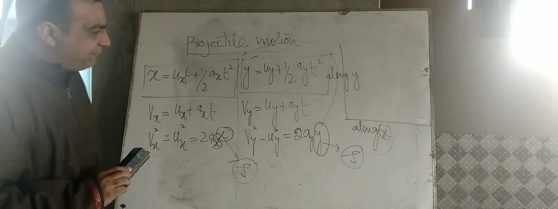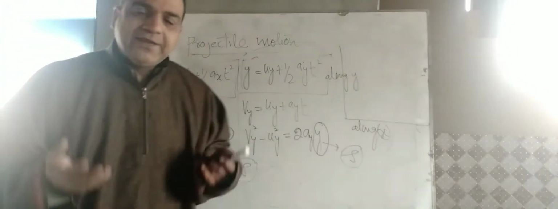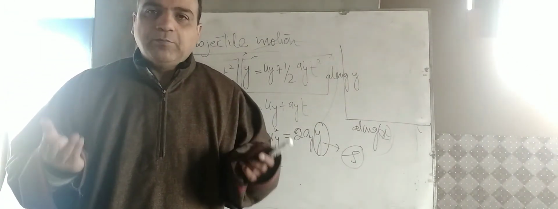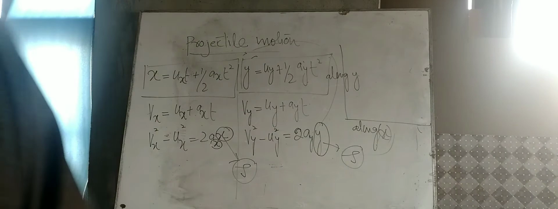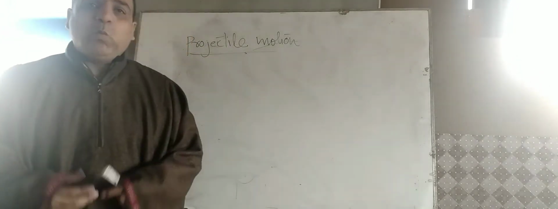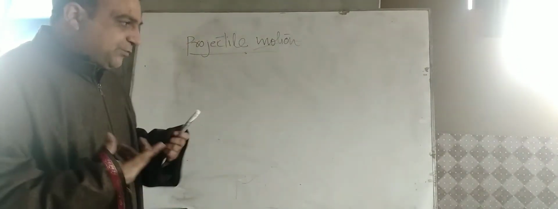And the matter of fact is that a two-dimensional motion is always equivalent to two one-dimensional motions. Now the question is, what is projectile motion? Suppose a body is thrown like this.